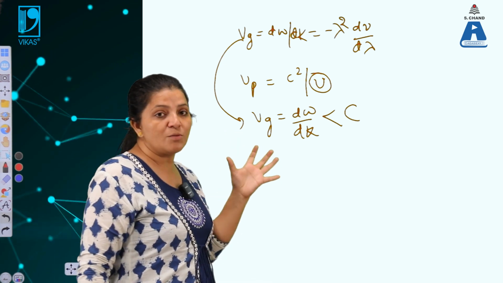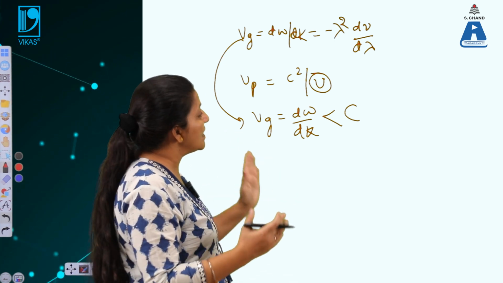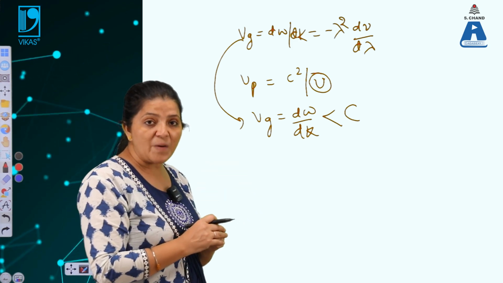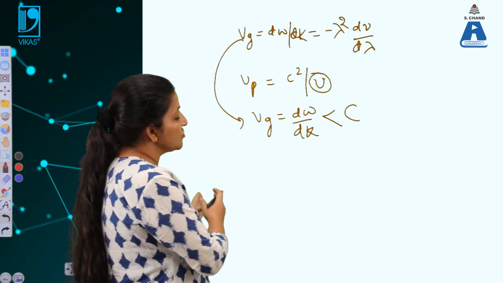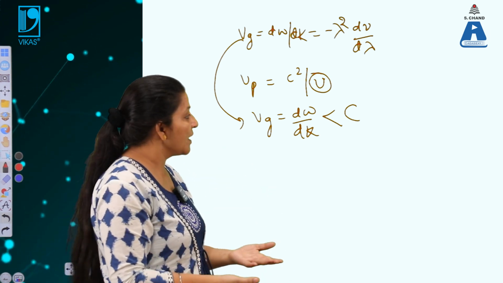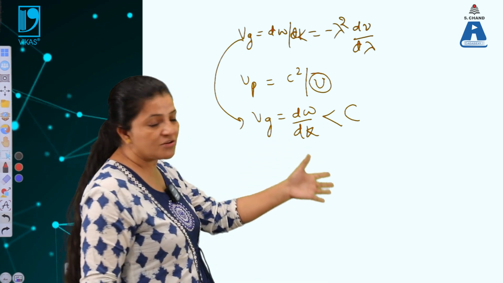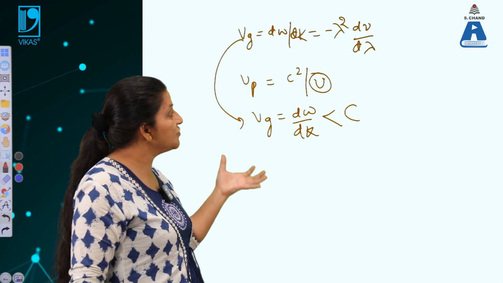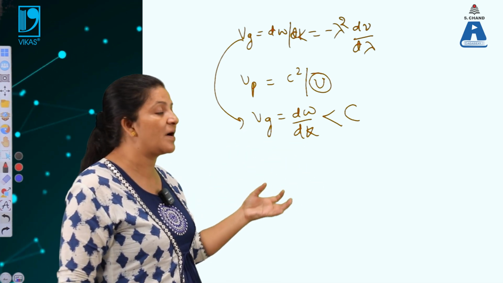So for the moving particle, there are a large number of waves associated with the particle, and the information is transferred in the given system from one region to another. When the information is transferred, there is a bunch of waves associated with the moving particle.